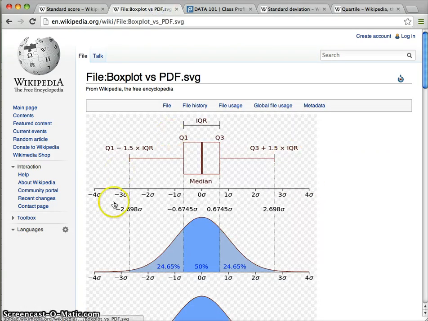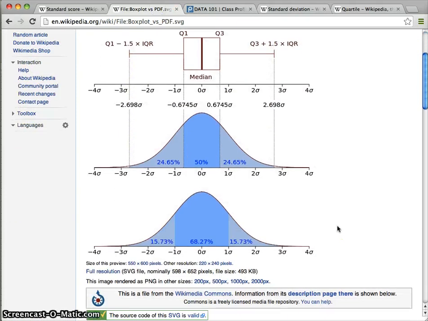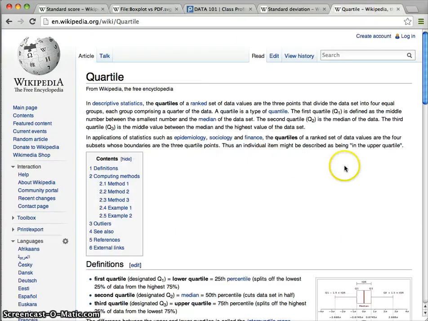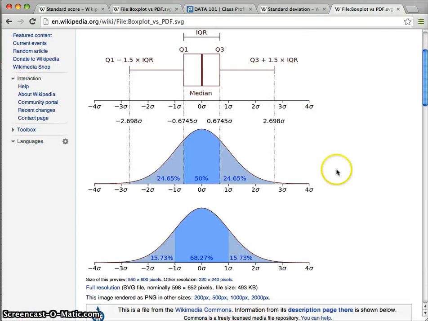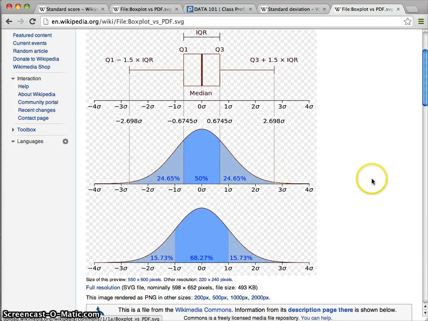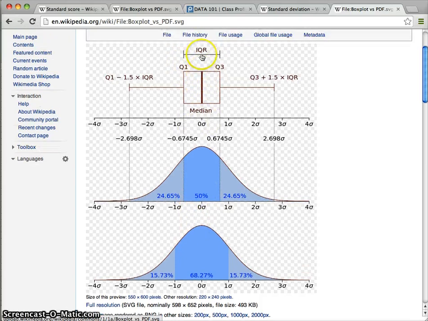What we see here is another way of expressing this. It's really nice, on this quartile page there's a link to this image. It shows us the relationship on a normally distributed data set, the so-called interquartile range, IQR, which is the values between Q1 and Q3, and what percentage of the data that range covers.